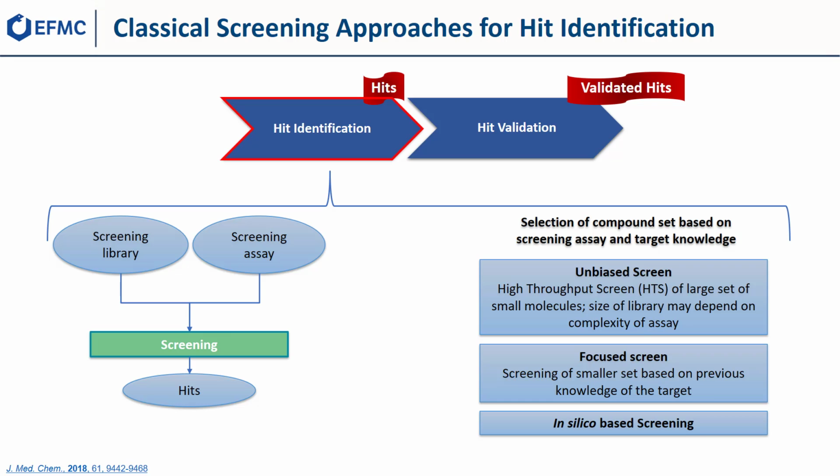In this case, the size of the library will depend on the complexity of the assay. The second bucket is the focus screen, where we're going to screen a smaller set of compounds based on the previous knowledge we have of the target. And the third bucket, called in silico screening, is going to use computational methods to select the compounds that are going to be screened experimentally.